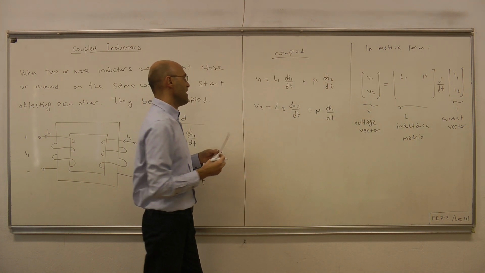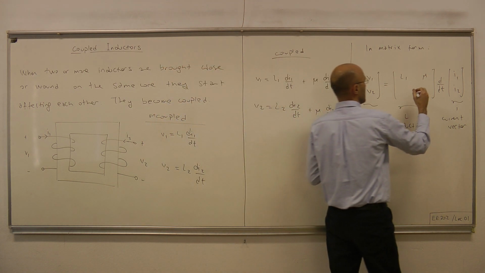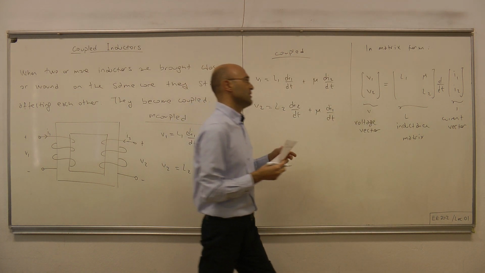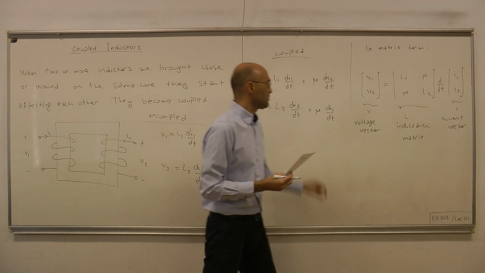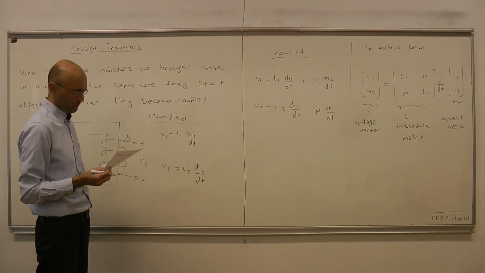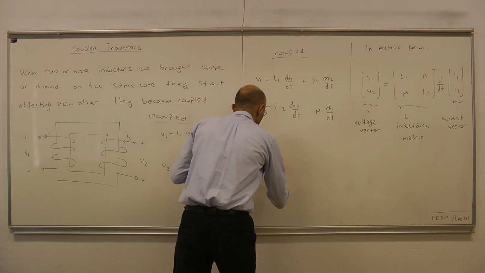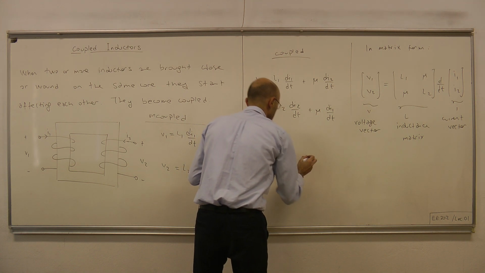And for V2 we have L2 times the I2 dt. So here we must have L2 and mu times the I1 dt. Here we have mu. So when written in matrix form, symmetry has become more visual. So compactly, we can write V equals L times the I dt.